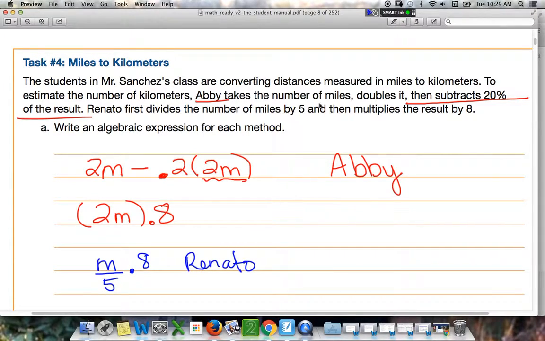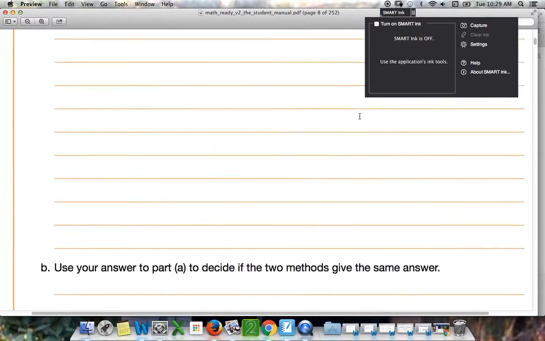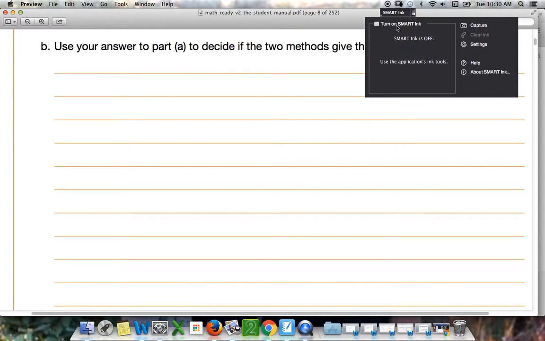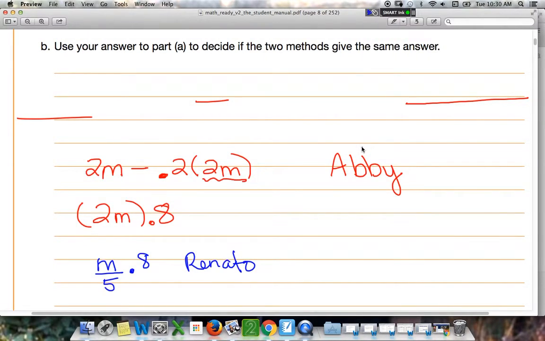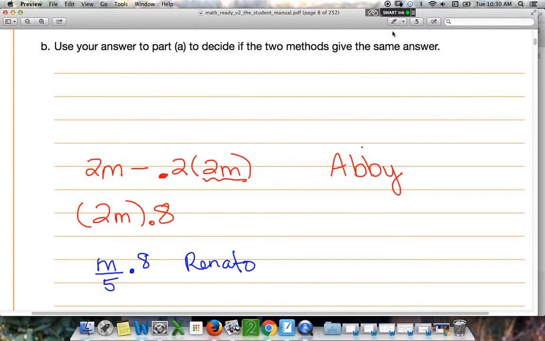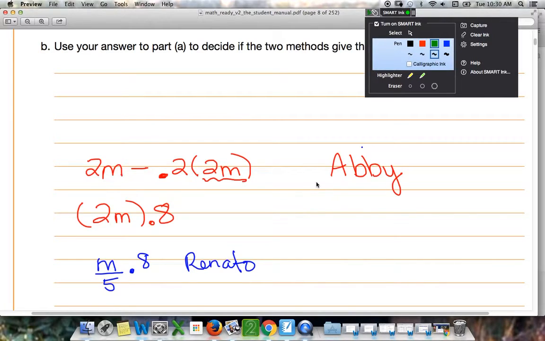Okay, I think part B asks you to decide if the 2 methods give the same answer. So let's look at this. When I say the same answer, I mean that the expressions are equivalent. So if we set those equal to each other, I want to prove to you real quickly that these are the same.